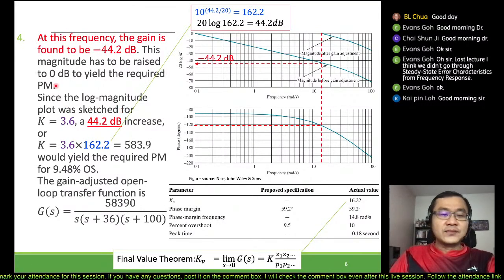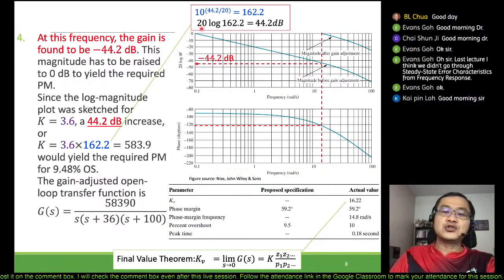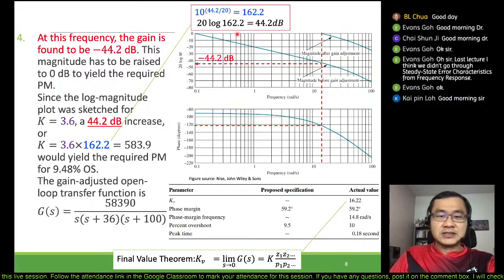Okay, so from that 44.2, how we can further calculate is that we always use 20 log of our magnitude. That magnitude, which is 162.2, will give us 44.2 dB.